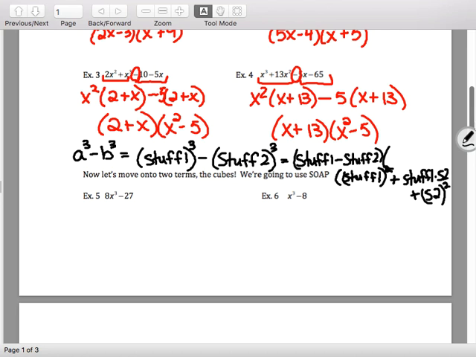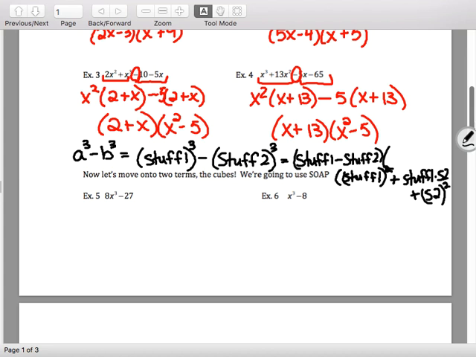Let me write it on the chalkboard here. If you get stuff 1 cubed minus stuff 2 cubed, just stay with me, be patient. You figure out what the first stuff is minus what the second stuff is. Then you take stuff 1 and square it.